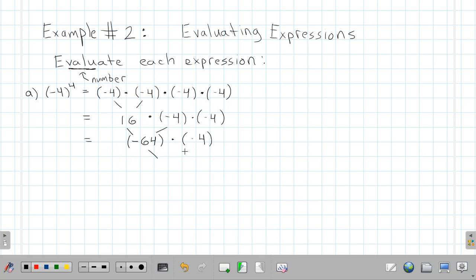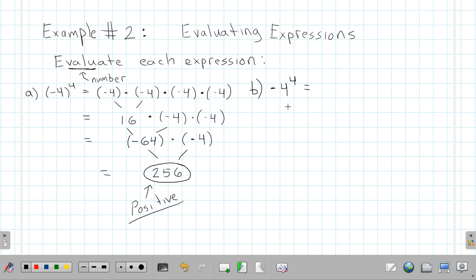And then the last step, we would have -64 times -4. Since we have a negative times a negative, this is going to be a positive 256. Now notice here, this ended up being positive, and that's going to be the key here because when we go over and look at part B, you'll notice something different when we write this out.